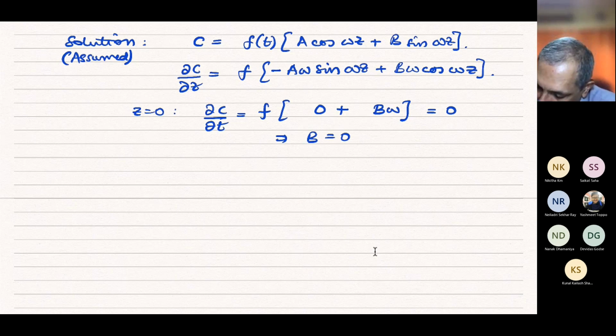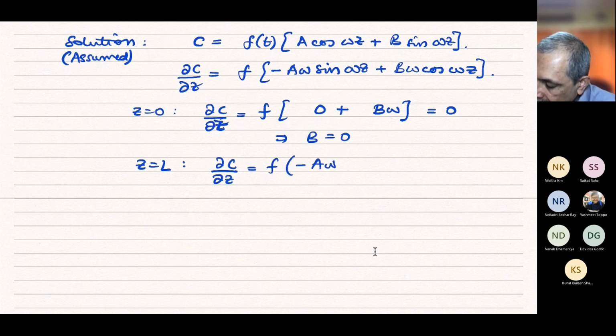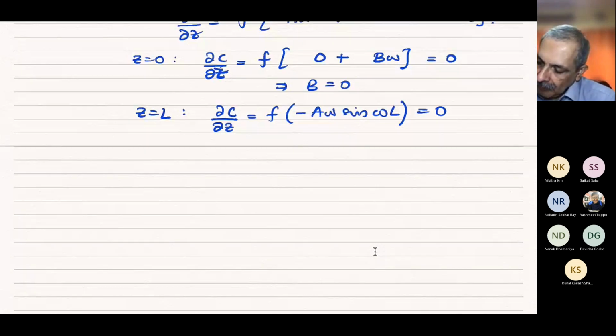Then at Z equal to L, we have again del C by del Z is equal to F into, now we know that B is equal to 0, so this is just this into minus A omega sine of omega L is equal to 0. For this to be satisfied, either A is equal to 0, which gives you the trivial solution, or sine of omega L is 0.